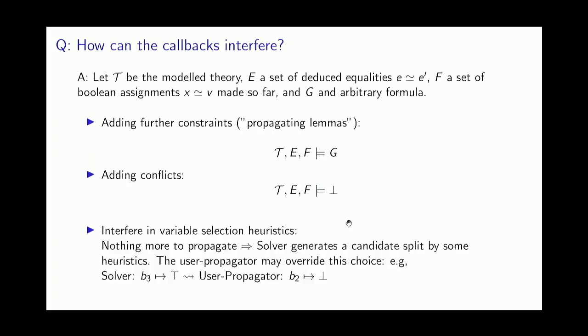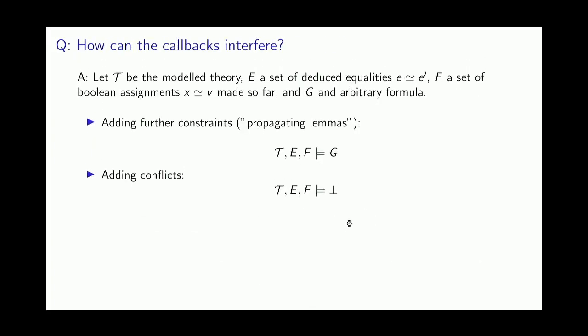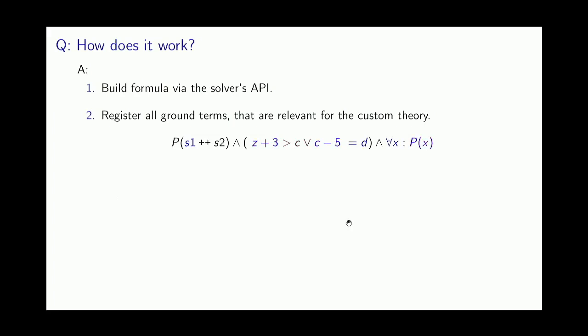So if you register, for example, the S1 variable, or S1 constant, and it's equated to S2, you get a callback. You just don't get a fixed callback for it, but you get the equality callback for it. So that's usually enough to build a lot of theories.